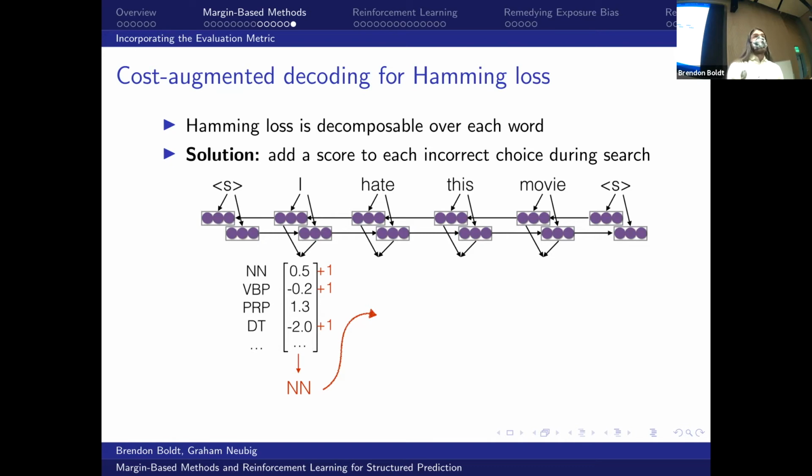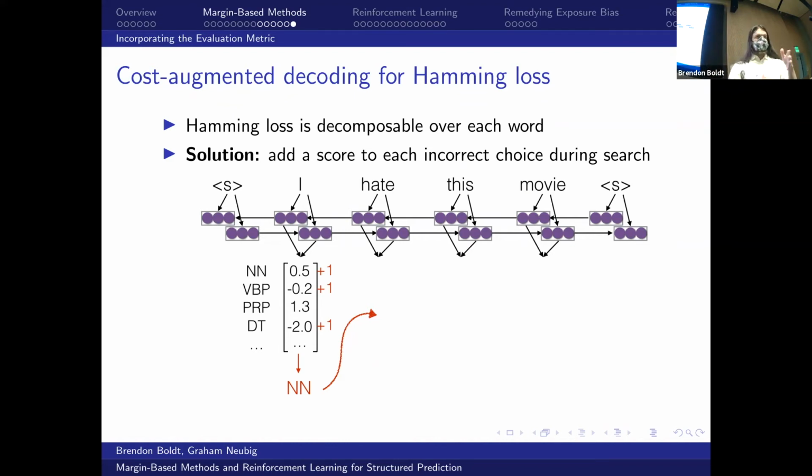In this instance, Hamming loss is actually accounting for differences in the whole sequence, because during decoding we're looking into the sequence and saying, if you've only made one mistake during decoding, then you're only getting one there, whereas if you made a lot of mistakes, you would get +1 for every mistake you made.